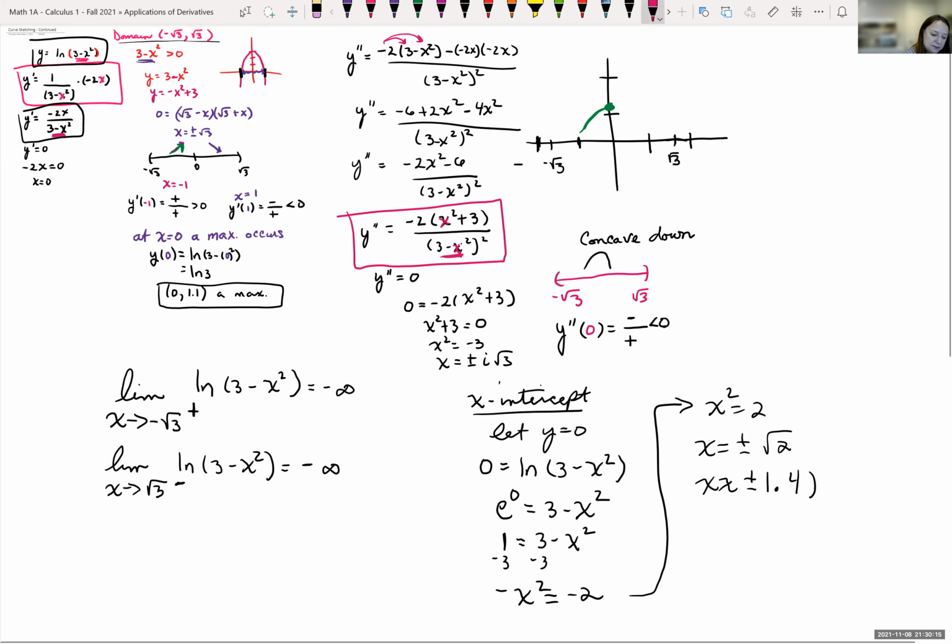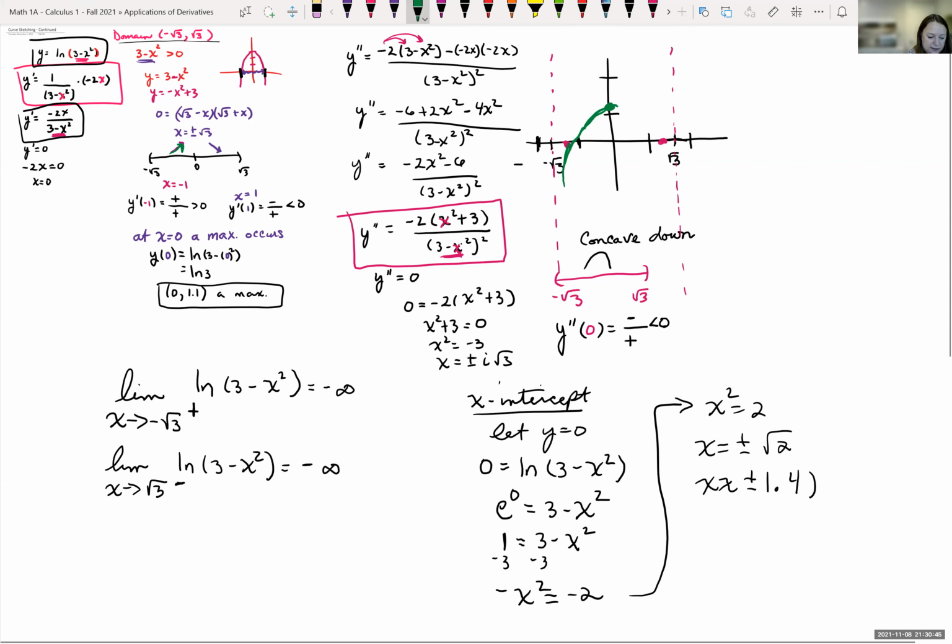Okay, so we had asymptotes really at this negative root 3 and positive root 3. We just saw that it crosses the axis at negative 1.4 and positive 1.4. And it was concave down everywhere.